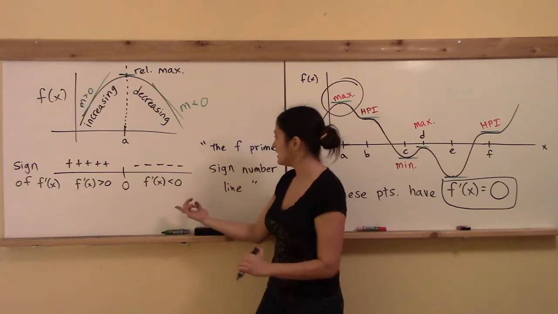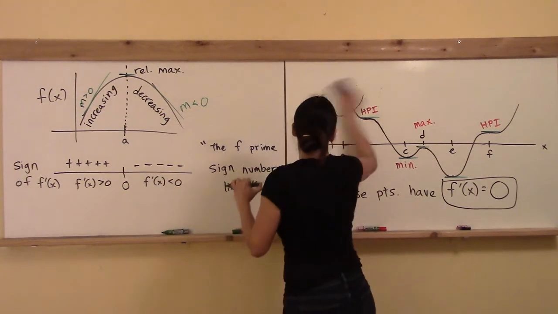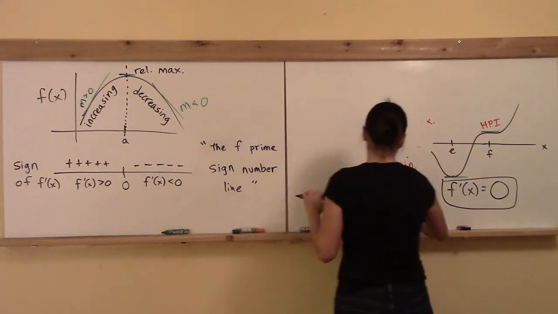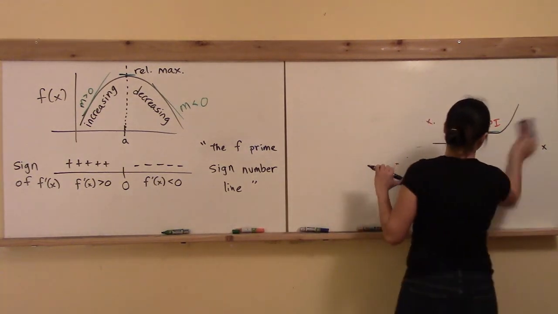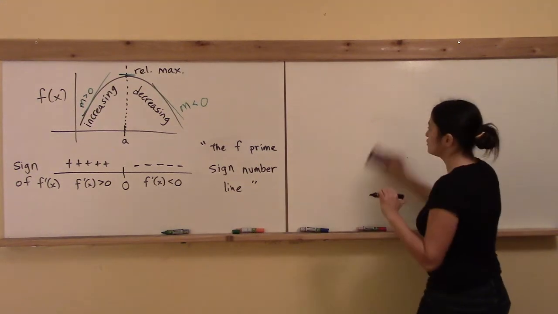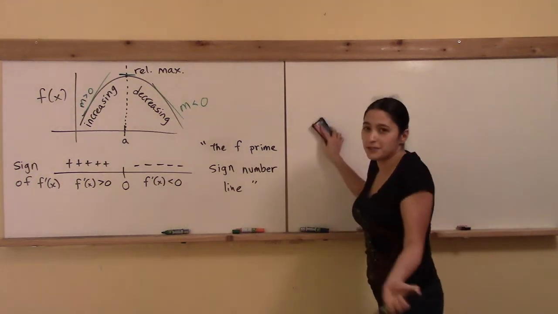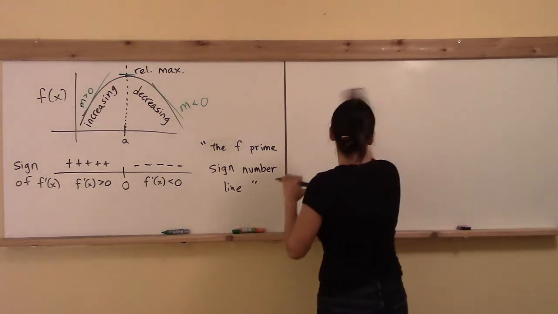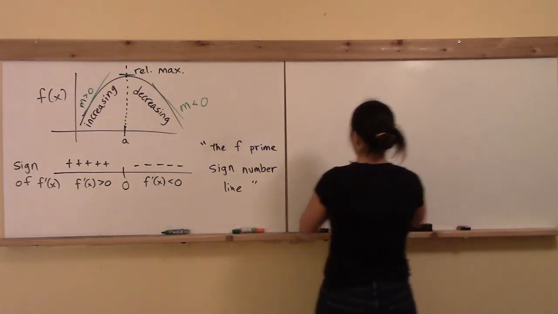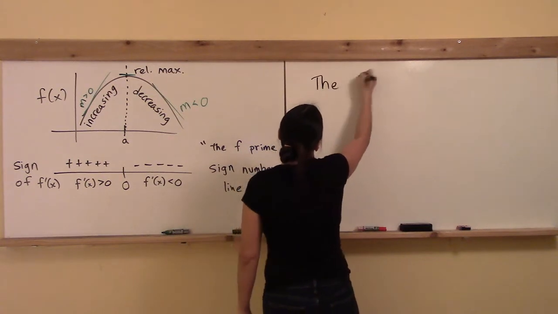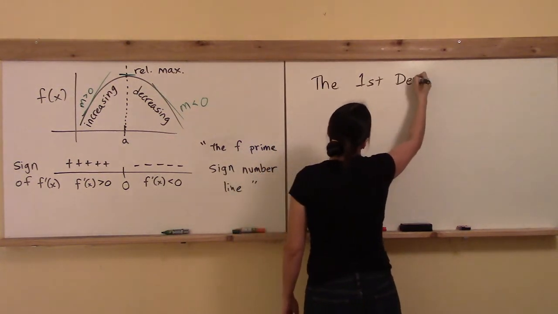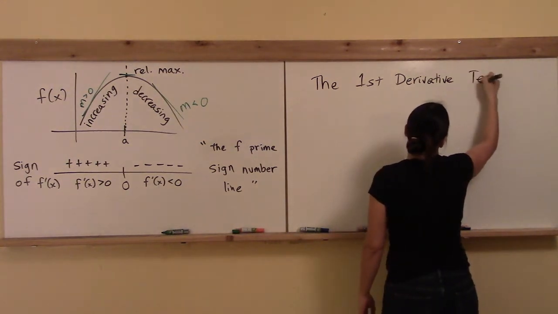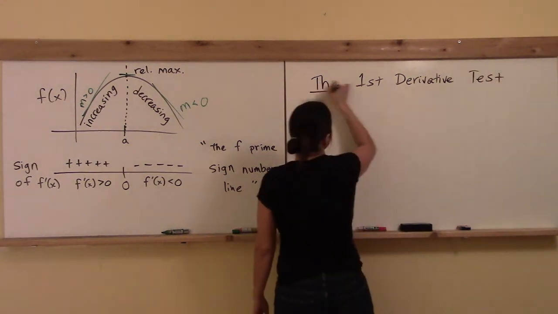But now you can see what the conclusion is for the first derivative test. If the derivative changes from positive to negative, then what type of extrema do I have? Relative extrema. Yeah, you see how we just kind of discovered that? So we're going to want to lay this out for all the different cases. And this is what's called the first derivative test. After we learned about higher order derivatives like the second derivative, we can see the second derivative test.